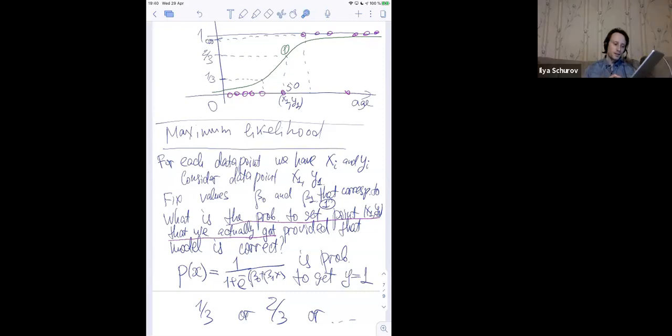Exactly. Look, P of X is the probability to get y equals 1. So this is the probability to get a point here on this line. And for this particular data point, we have a probability according to the model to get 1 that equals 2/3. But the actual point that we have lies not here, but here, as we see from the graph. So the probability to get this point is not 2/3, but 1 minus 2/3, so 1/3.